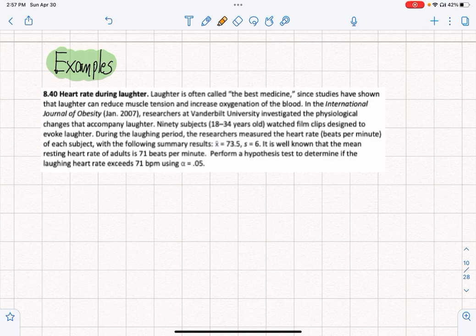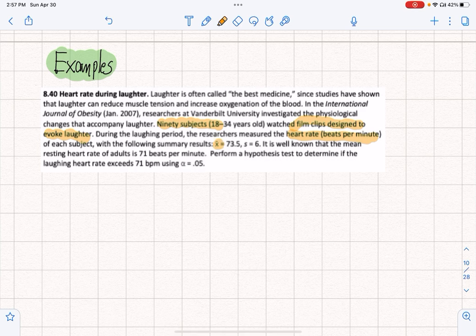Okay, so this problem, heart rate during laughter. Laughter is often called the best medicine. So people wanted to know whether laughter increased the resting heart rate. So this study took place at Vanderbilt University, studying the physiological changes that accompany laughter. So 90 subjects watched film clips designed to evoke laughter, during which they measured everyone's heart rate, beats per minute, with the following results.